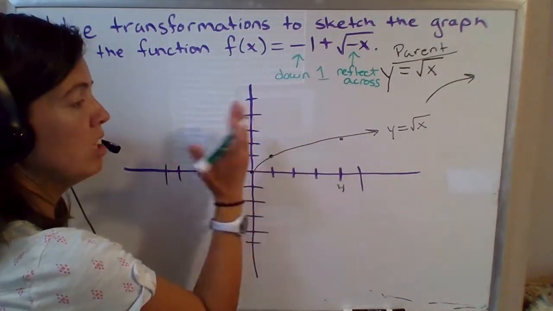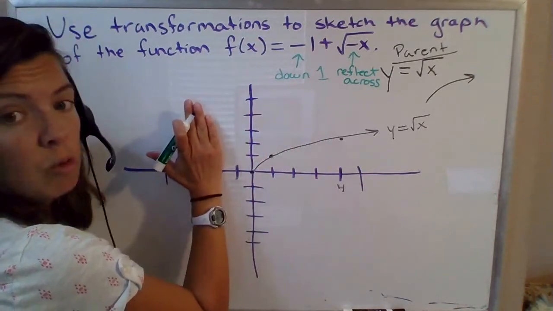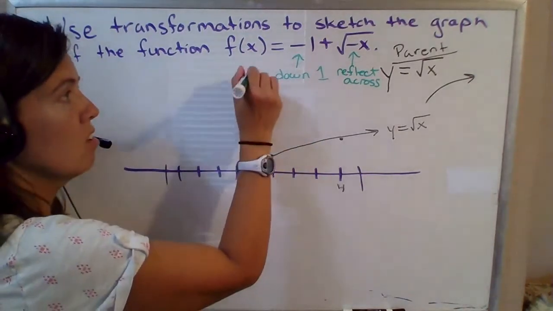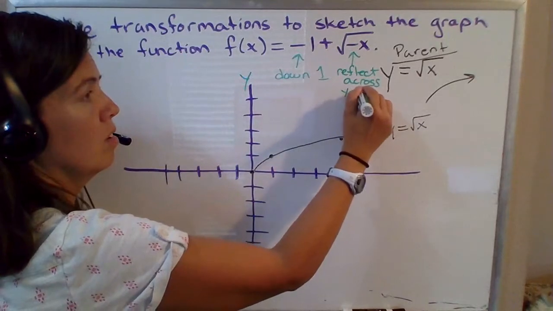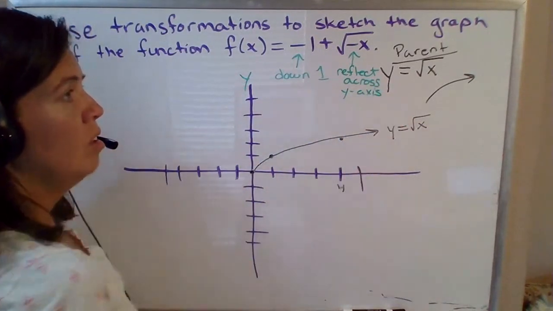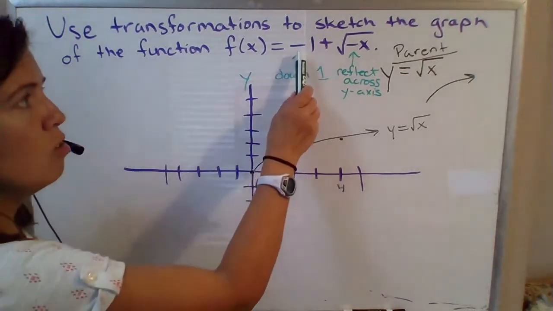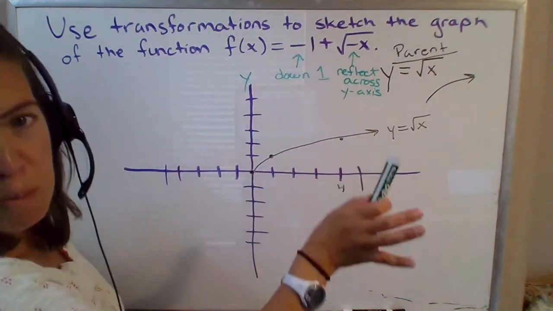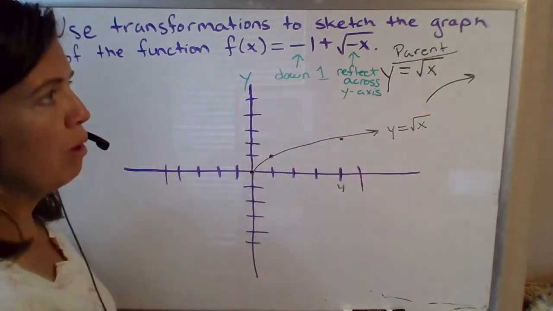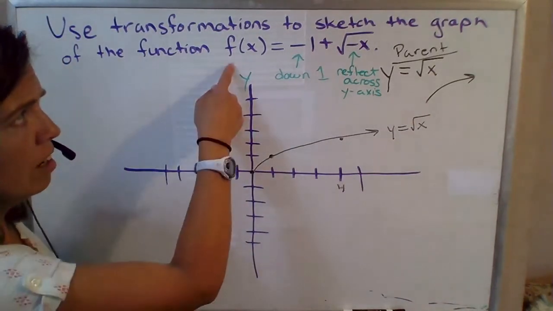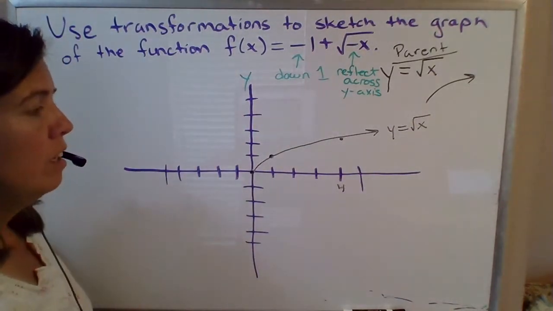So a reflection this way, horizontally, which is across the y-axis. And those are the only two transformations we need to apply, because those are the only extra bits added to the parent function to get the given function here.